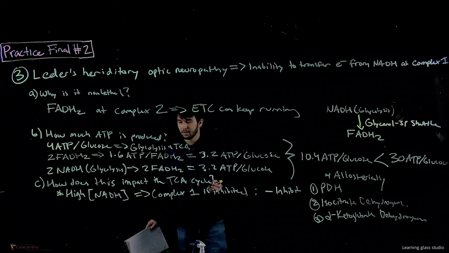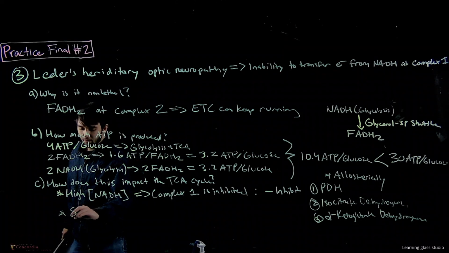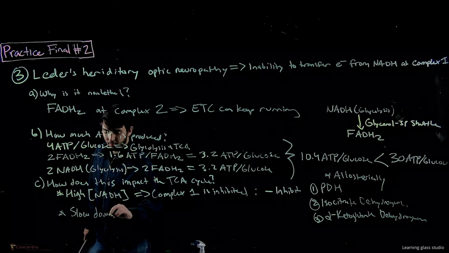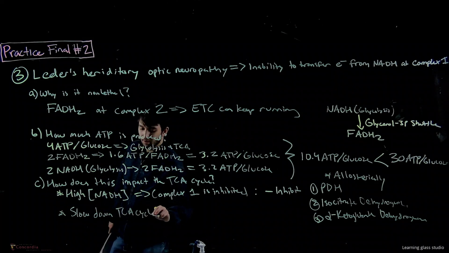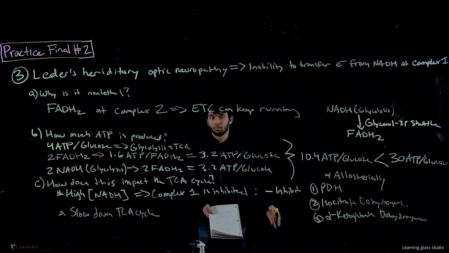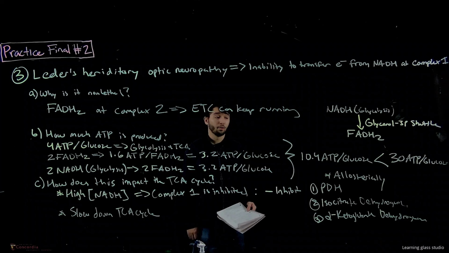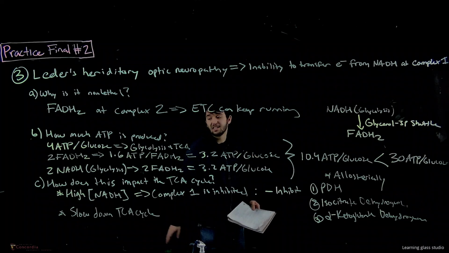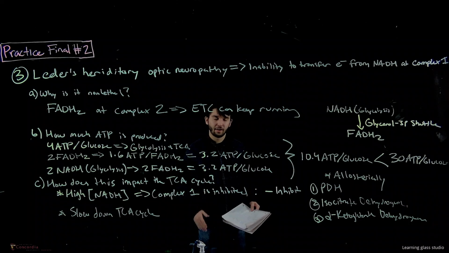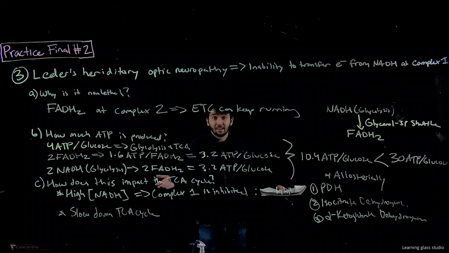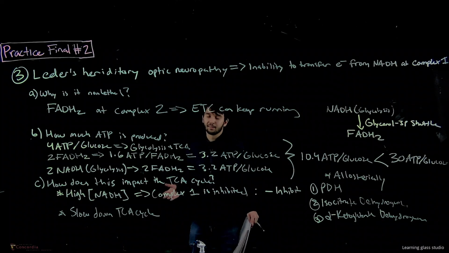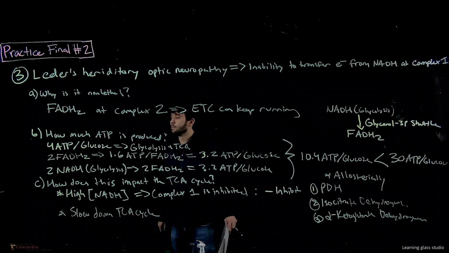What that ultimately does is slow down the TCA cycle. Why? Because with these key enzymes of the citric acid cycle being less active, there's going to be less carbon flowing through the cycle. So overall, you make a third of the ATP and you produce less from the citric acid cycle because of the NADH buildup, and that means even less ATP really. But it's non-lethal because you still generate some ATP.